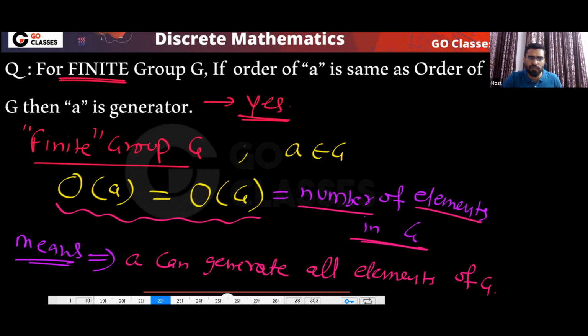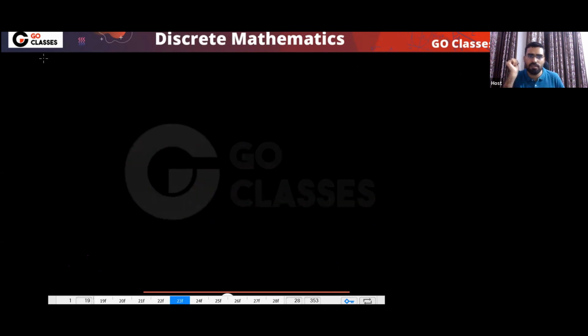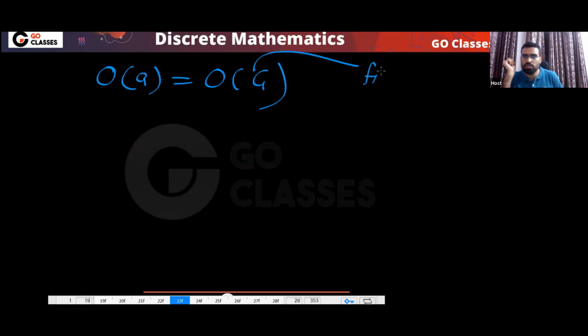This will not happen for an infinite group. For a finite group, the order of A can be equal to the order of G. The order of G is nothing but the number of elements in G. So A can generate all the elements of G. So because the order of A is equal to the order of G, and remember this is a finite group, this is important, I can say that A is a generator.